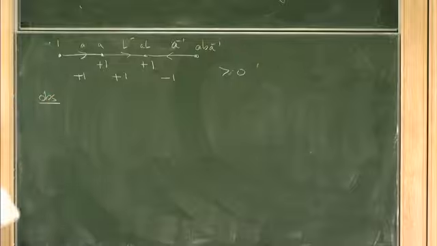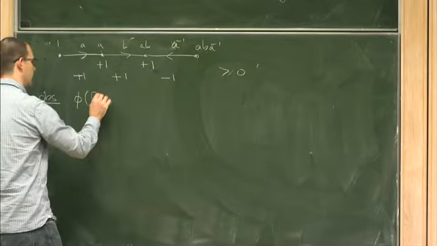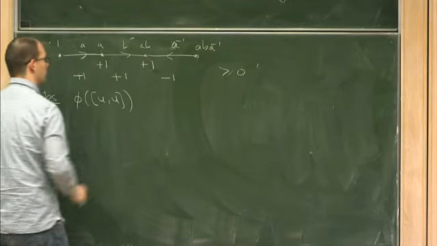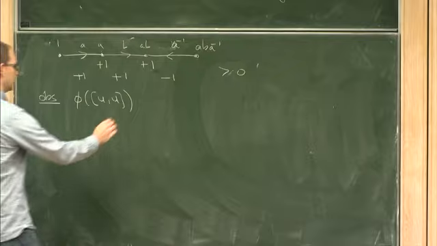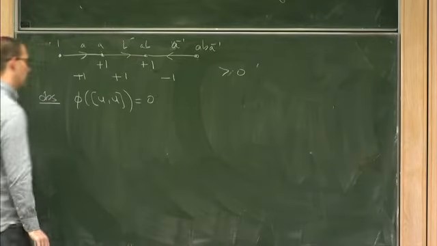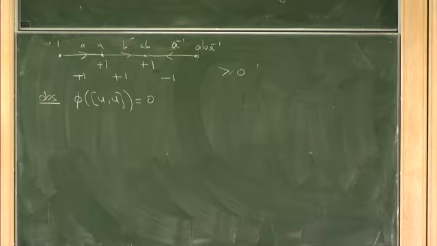So, well, some observations. If you consider the path from a vertex to itself, that's equal to 0. So that's good. That means that u is less or equal to u.